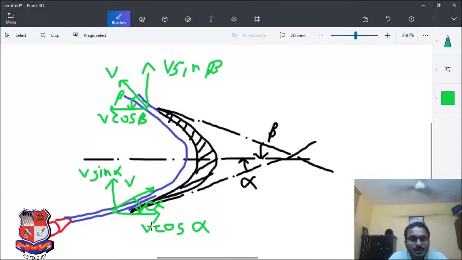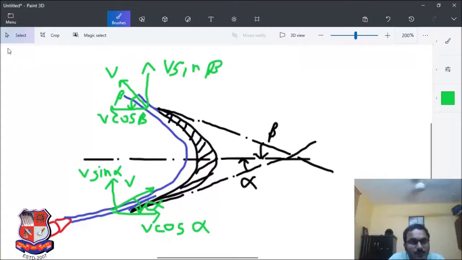Okay, so if you see, the initial horizontal component is plus v cos alpha and final is minus v cos beta, as it is in the negative direction, and the vertical components initially and finally both are in the positive y direction. However, the angles are different, so the component values will also be different. So we are done with this figure.